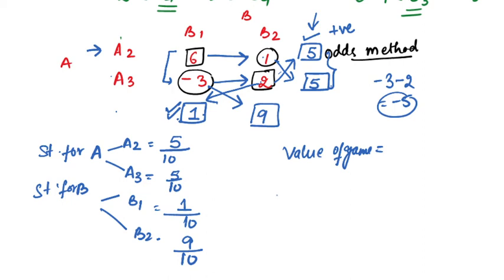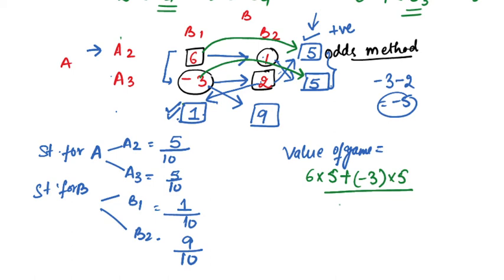So now for the value of game. We have to do it like this, similar to your probability method. 6 into 5 plus, vertically we have to go with this, minus 3 into 5, over 5 plus 5, 10.